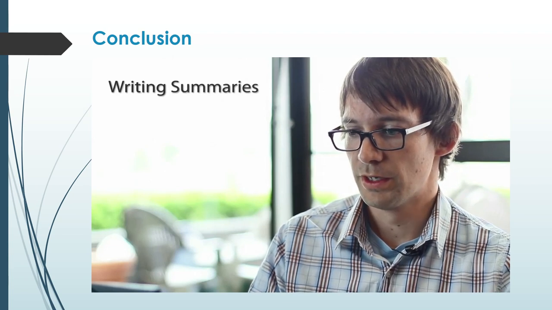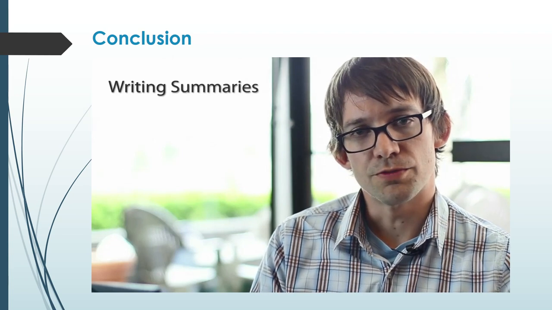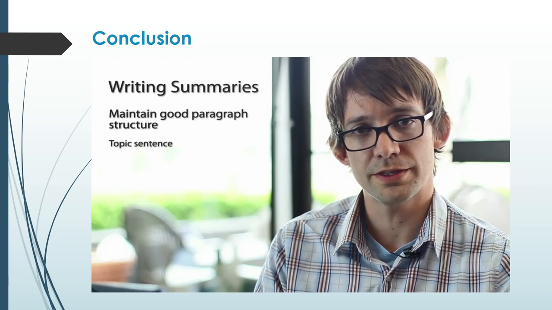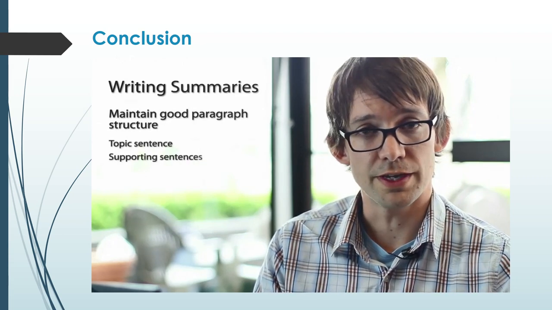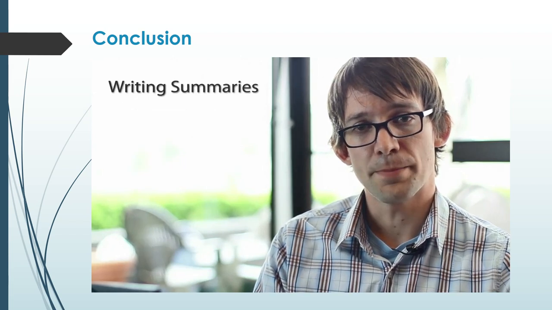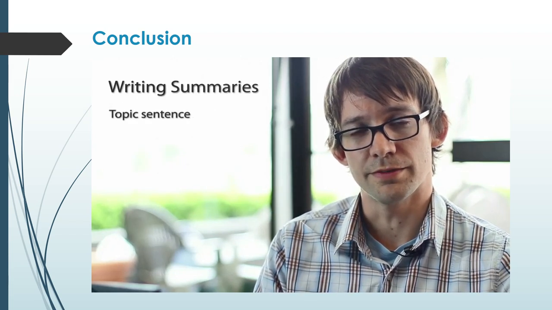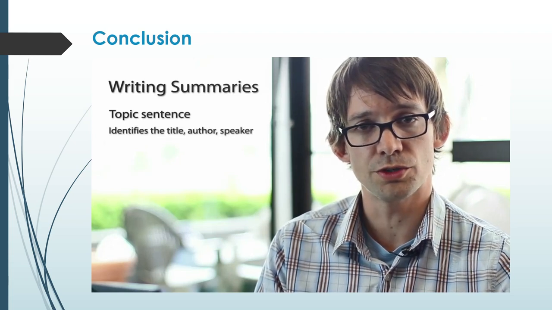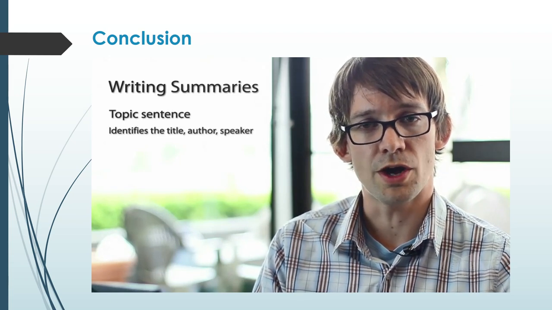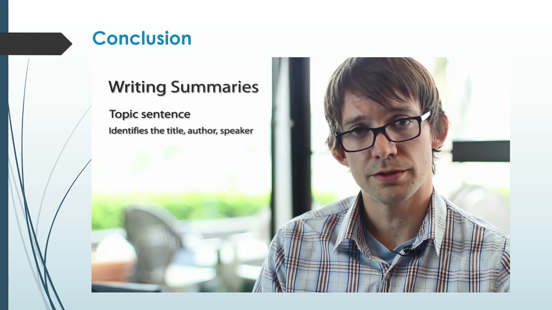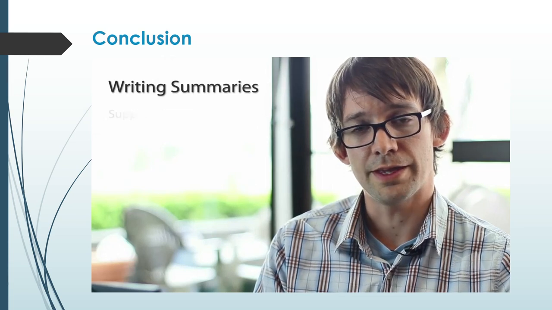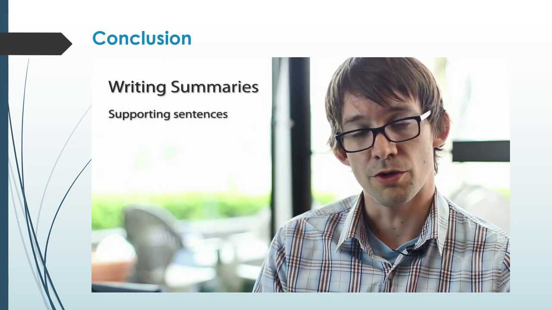All right, so a good summary should follow and maintain good paragraph structure. So you want a topic sentence, and supporting sentences, and a concluding sentence. Now it's important for the topic sentence of a summary to identify itself as a summary. So you should include the title or the author or the speaker of the original material in your topic sentence. And then the supporting sentences are the main points.